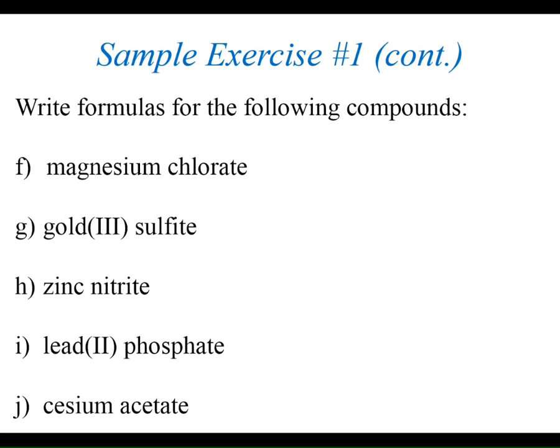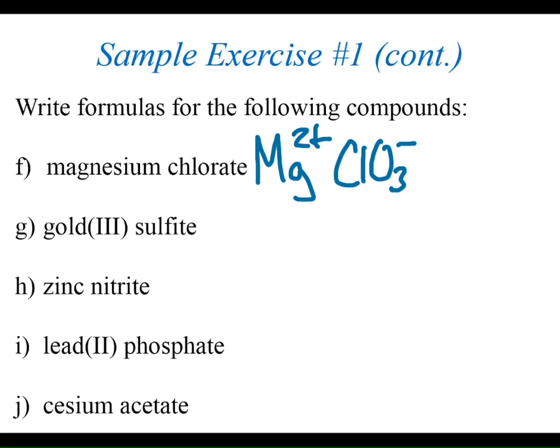Let's try a couple here. So let's go through. Magnesium. Magnesium is in group 2, right? So it's 2 plus. Chlorate, ClO3 minus. So I have a 2 plus and a 1 minus.